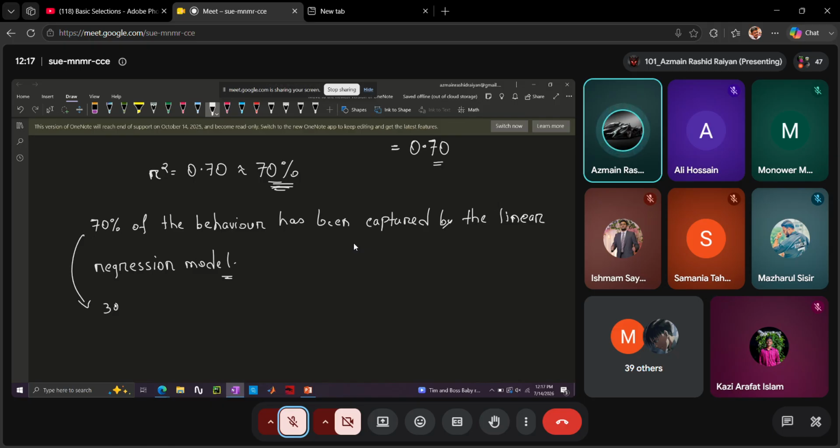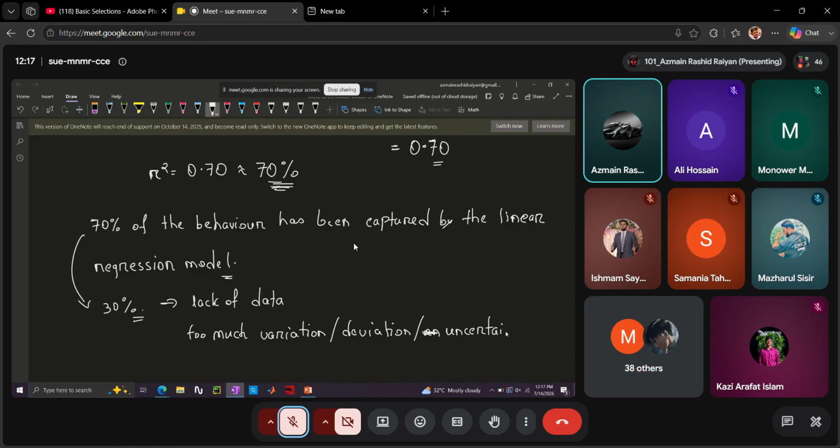The remaining 30% could not be found, because of, let's say, lack of data, too much variation, deviation, or uncertainty.